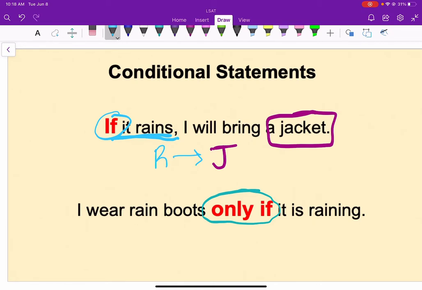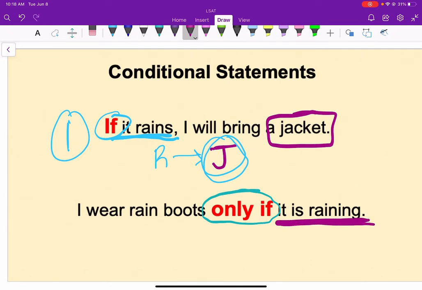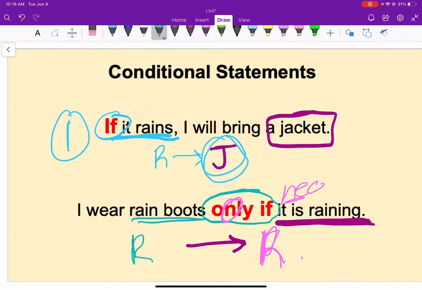So our necessary condition in number 1 is the jacket, where "only if" introduces our necessary condition. And remember, necessary goes on the right. I like to remember "only if" introduces necessary because it has an N in it, just like necessary has an N in it. So only if it's raining, I know raining is going to go on the right side and be our necessary condition. So our sufficient condition is going to be rain boots. So if I were to turn this into an if-then statement, it would say, if I'm wearing rain boots, then it must be raining.